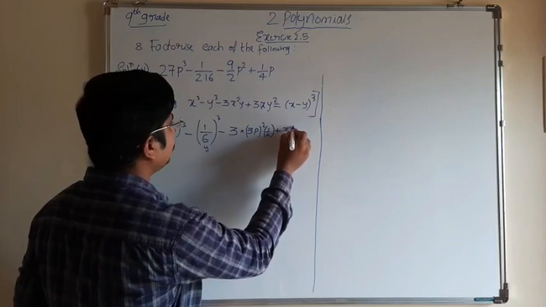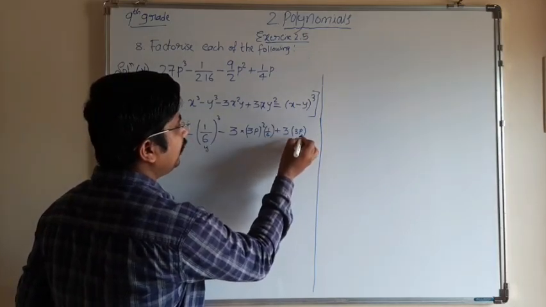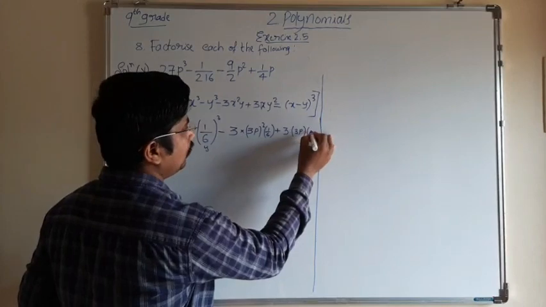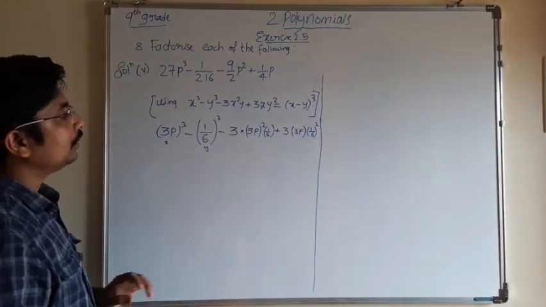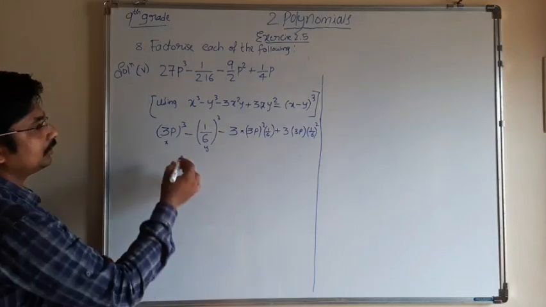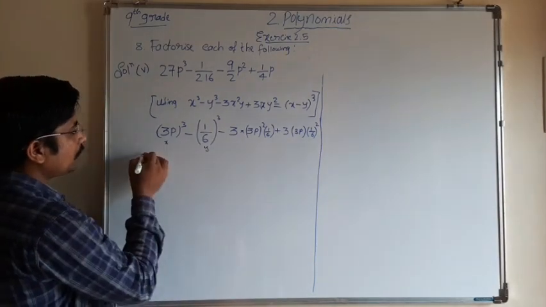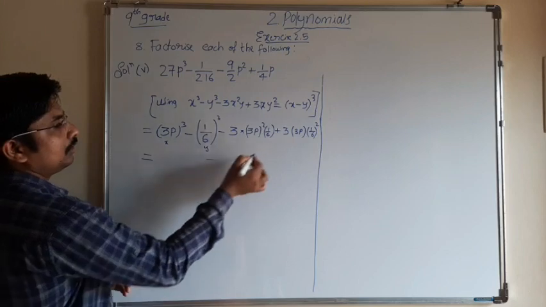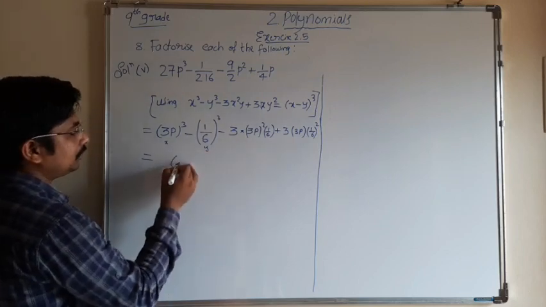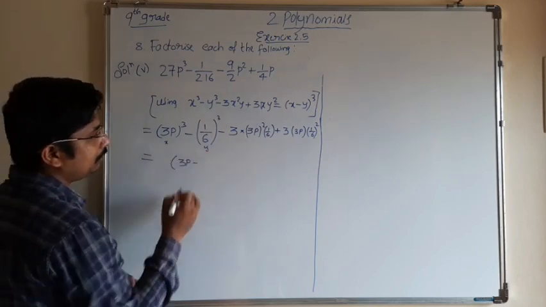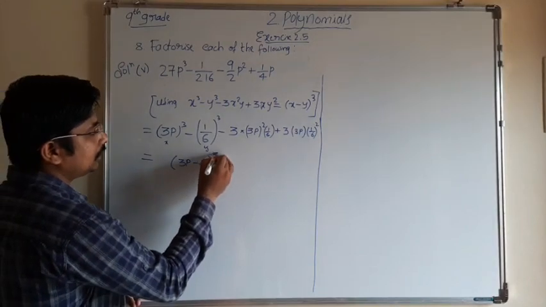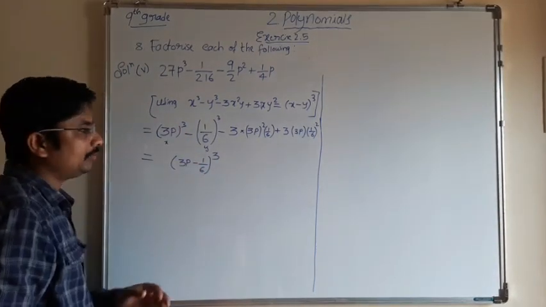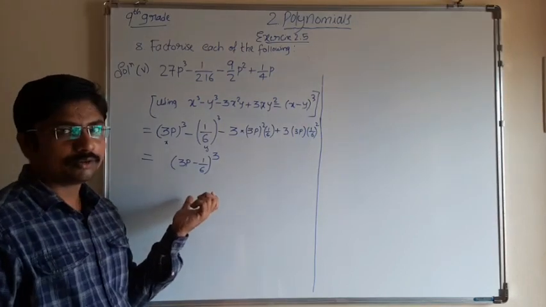Which is nothing but 3p minus 1 upon 6 whole cube, which is the unexpanded form.